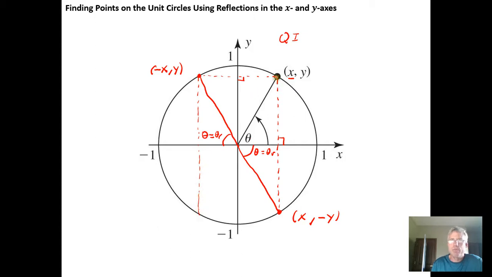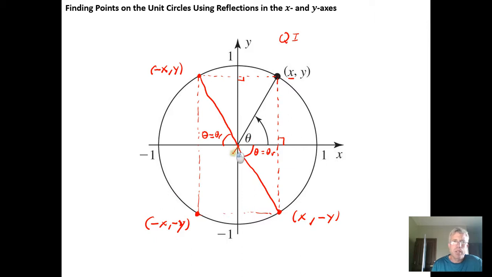I could also reflect first in the x, then in the y. Either way, you're going to wind up at the same point, and we'll have the opposite of x and the opposite of y for our values that we started with as just x and y in quadrant 1.